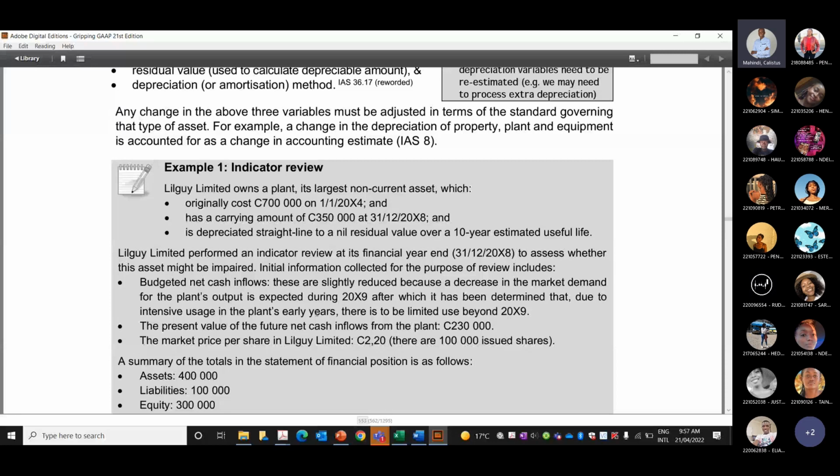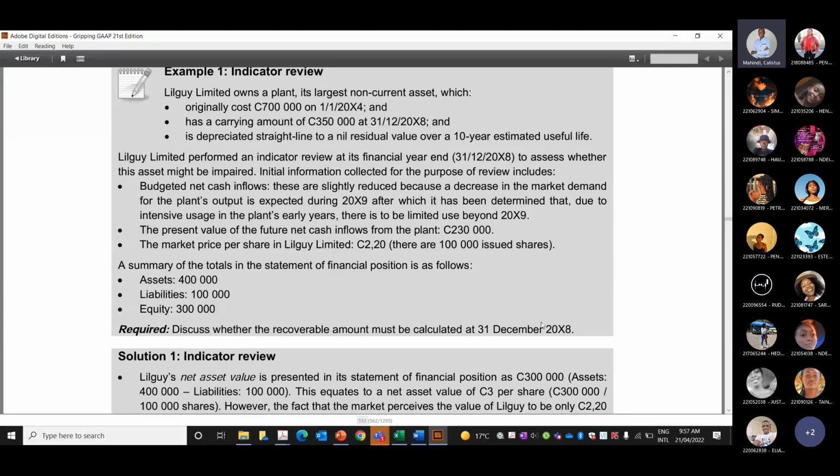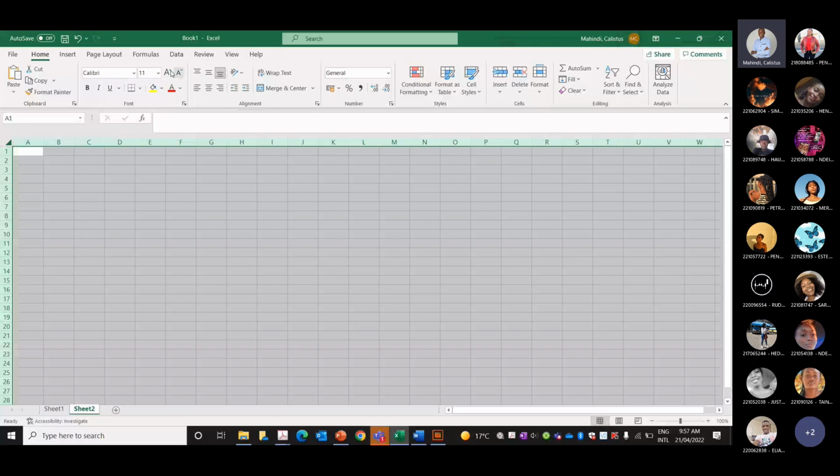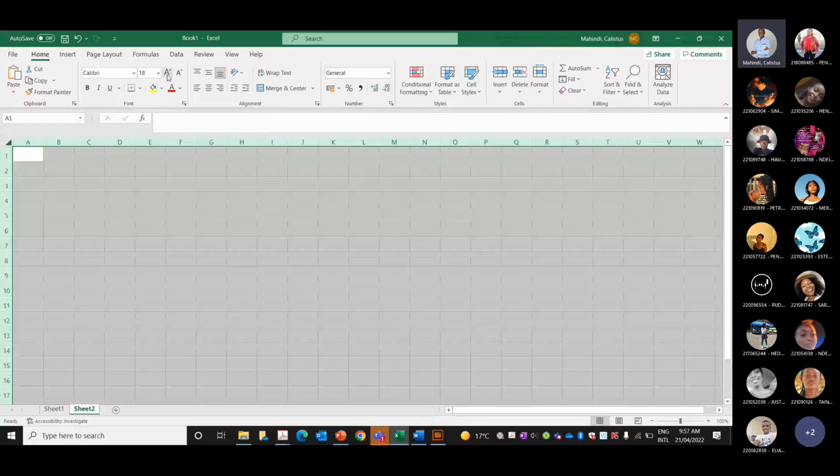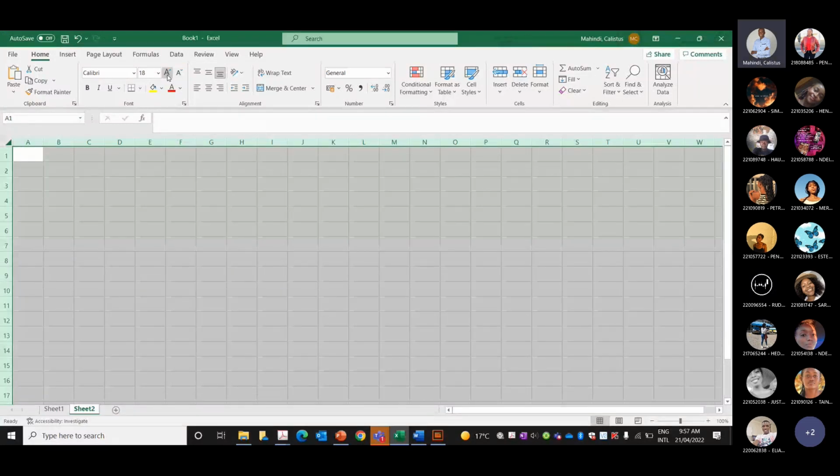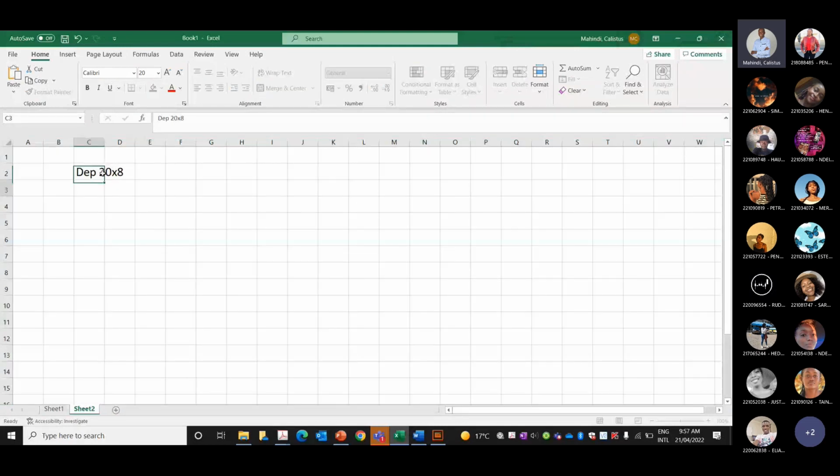Now, at which year are we? What year are we actually looking at? We are in the 20X8 financial year. Let me show this to you. If we were to calculate depreciation, we'd have to calculate it for 20X8 and for 20X9.